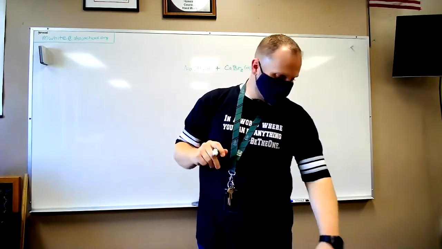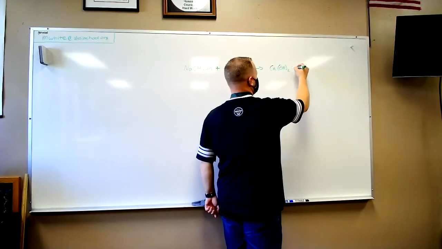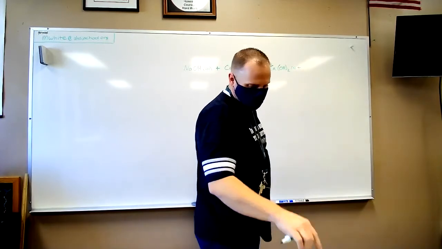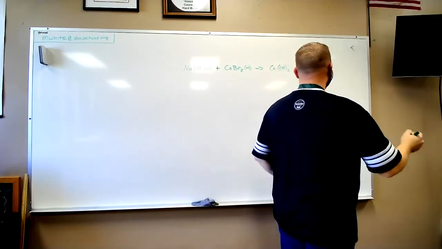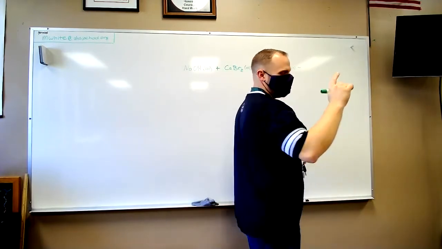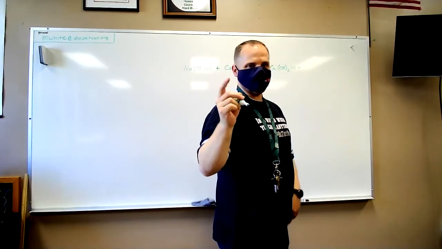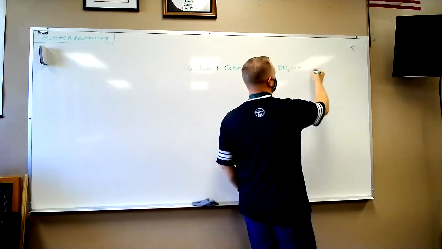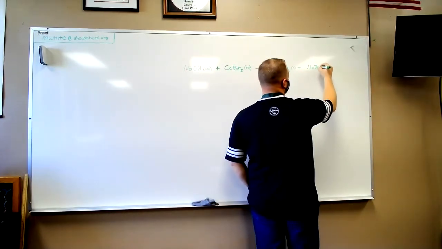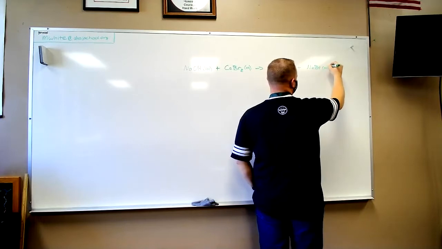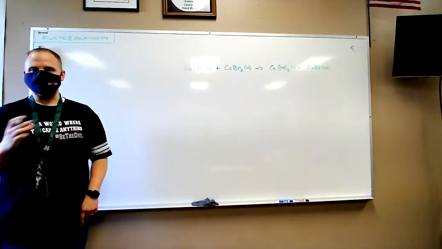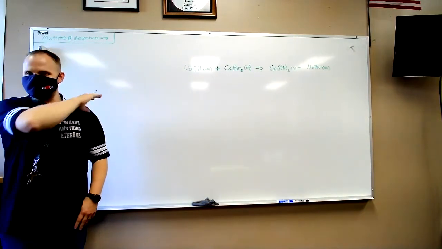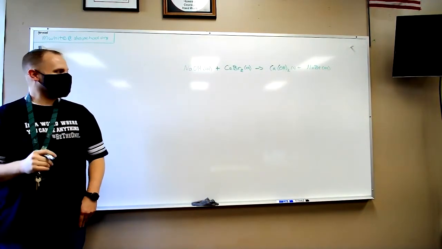And aqueous, I'll put the solid there. And aqueous sodium bromide. Sodium bromide. These are, sodium is +1, bromine -1, so 1 and 1. All right. Honestly, that's probably the hardest part, getting those set up.